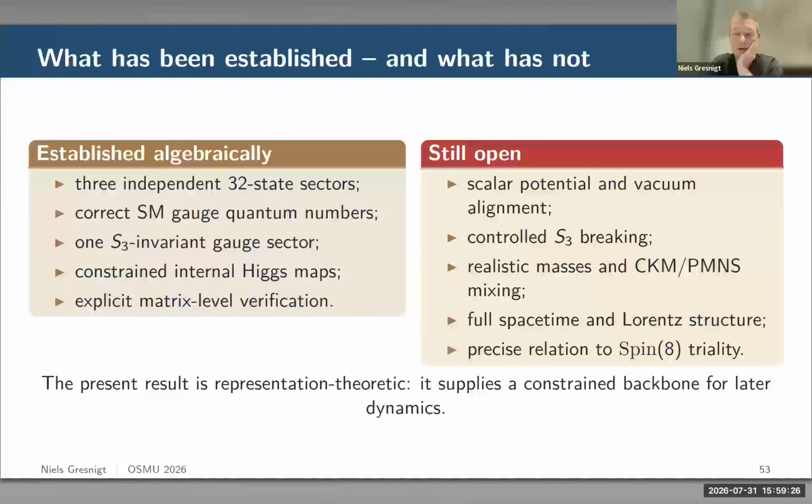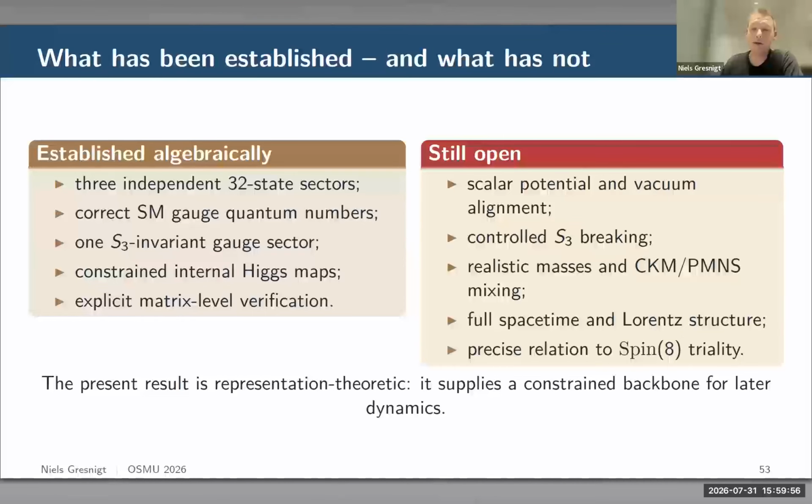And also the recent paper, from last year, by Quinta, which also looks at spin 8 triality and uses that as the algebraic basis for 3 generations. I'm not sure how to relate the S3 family symmetry that I use to the S3 that arises in triality. So if anyone has any ideas about that, I'd love to hear about it.